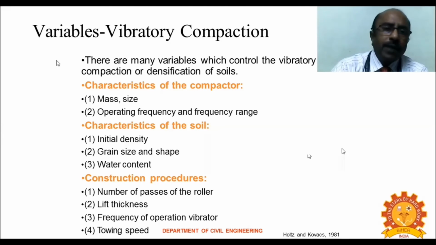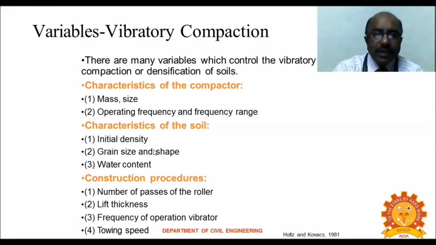Now, what are the variables that we have to consider while doing compaction? We have to understand the mass and size of the compactor, the operating frequency, and the frequency range. We also should know the status of the soil: the initial density, the grain size, and the water content.